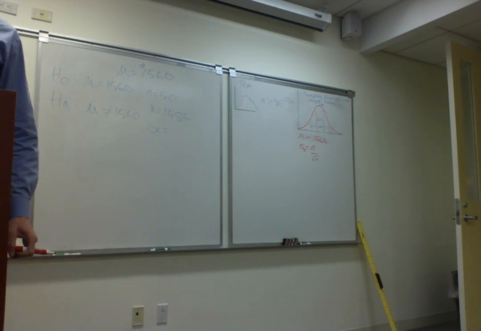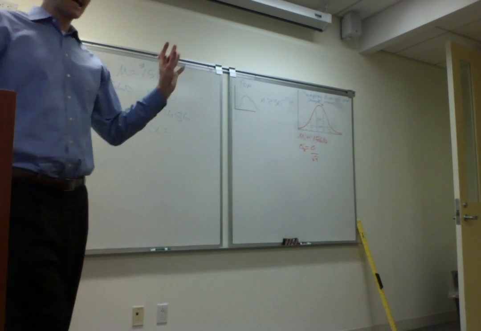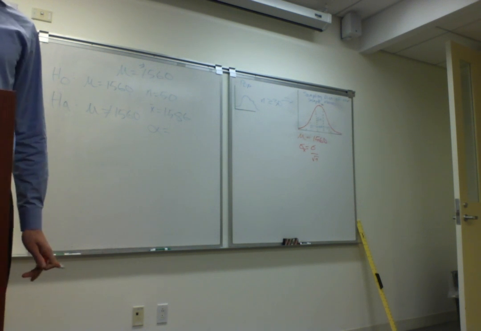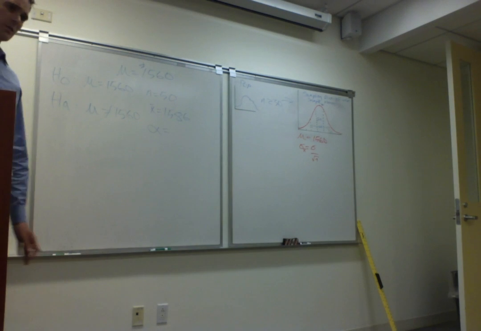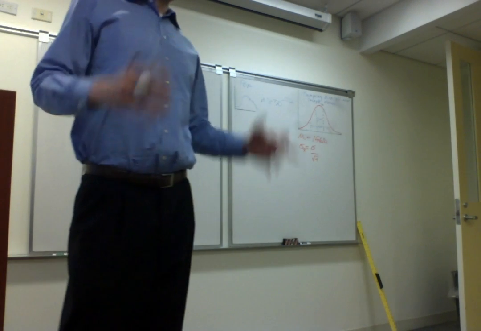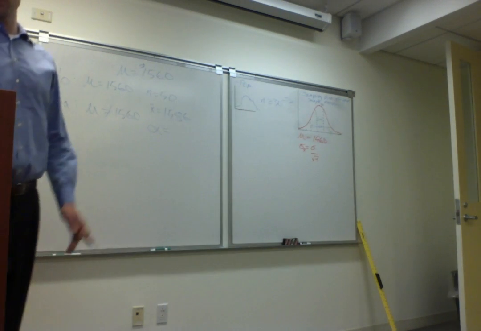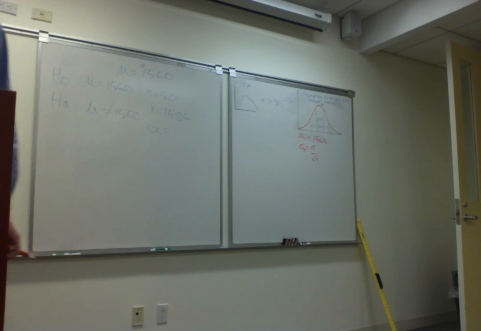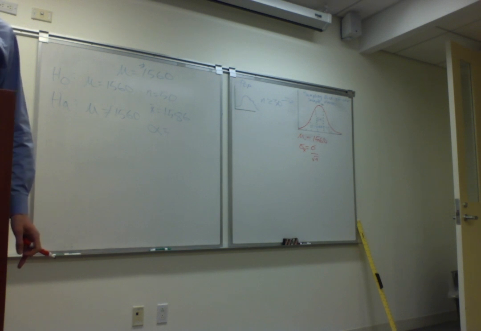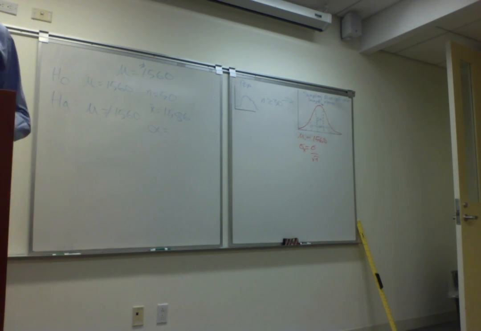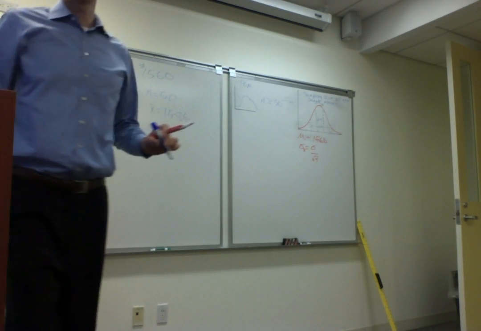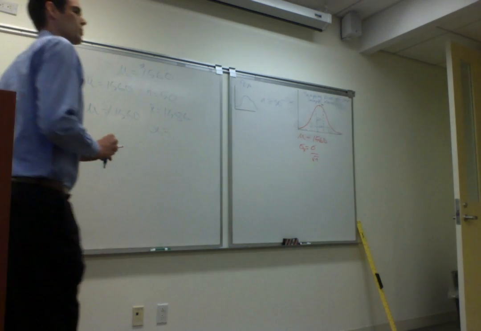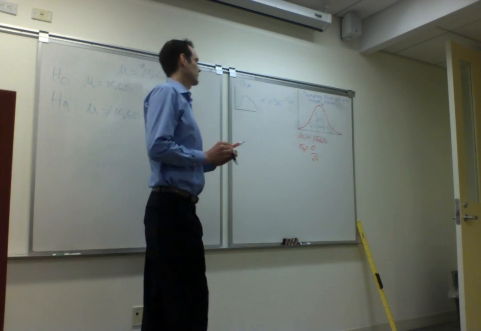If you want to jot it down, it's also in your textbook. Significance level is the probability value that defines what we mean by unlikely, given a true null hypothesis.